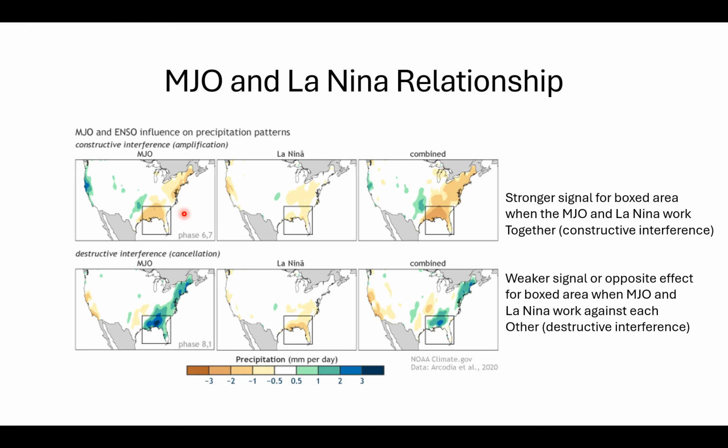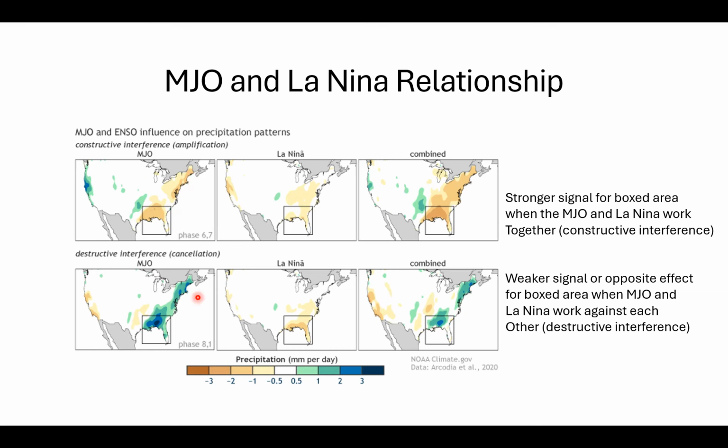We're looking at precip anomalies on all of these maps, so green means above normal precip, brown means below normal. So MJO in phases 6 and 7 is generally going to result in drier than normal conditions across the Gulf Coast, Louisiana, Mississippi, Alabama, Georgia. Also drier than normal from Virginia right up the I-95 corridor, up to the big cities of the Northeast.